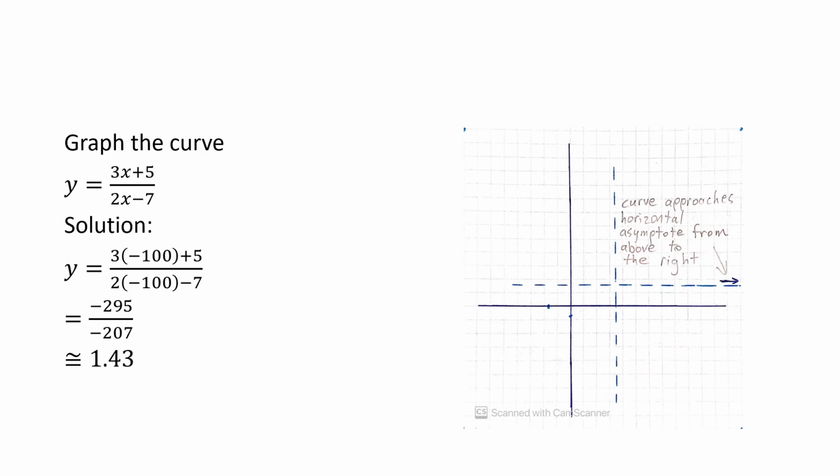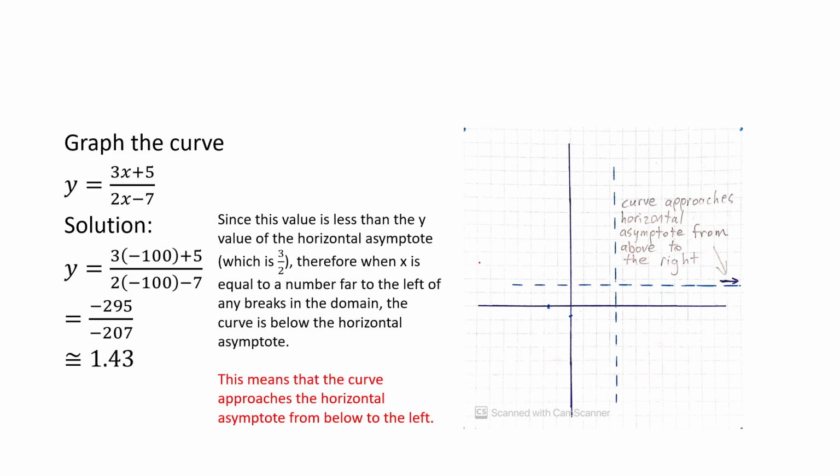Well, 1.43 is slightly less than 1.5. So what that means is that as we approach the asymptote from the far left, we're going to be coming from below, not above. We won't be coming from above, we'll be coming from below.